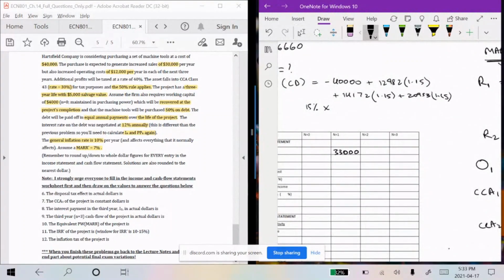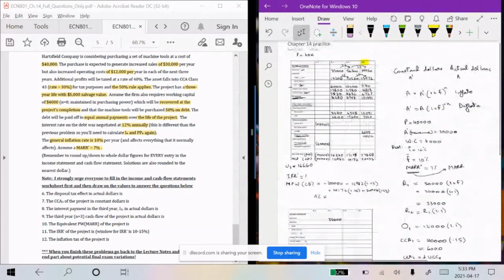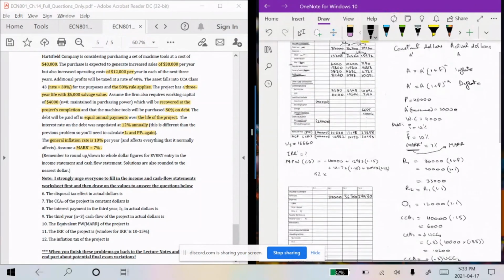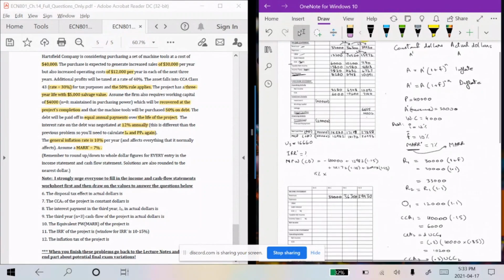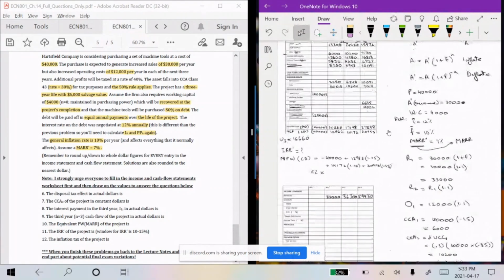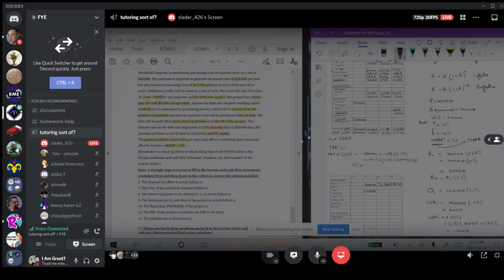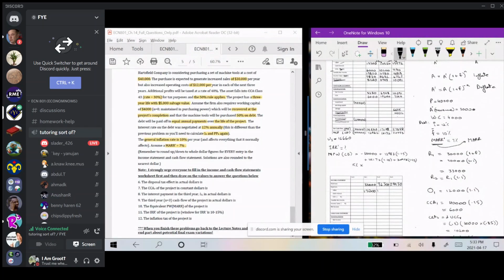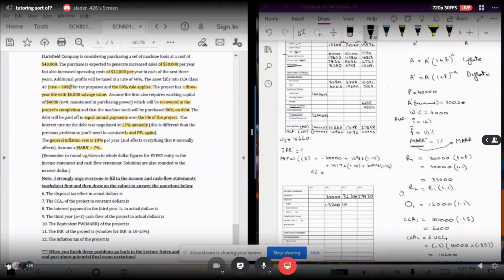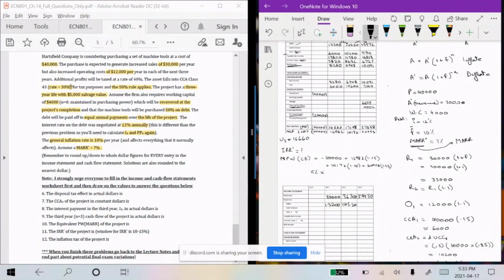33,000. 36,300. 39,930. Right. Then 13,200. 14,000. 20. 15,972.